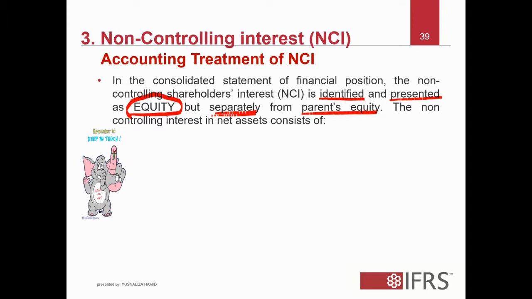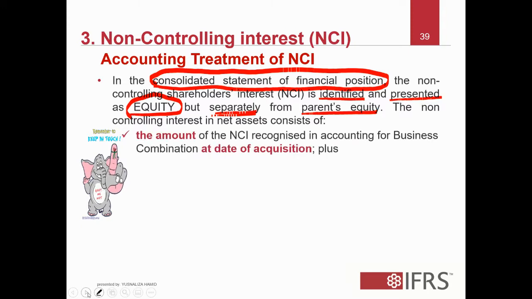So the non-controlling interest in the net assets will be disclosed in the consolidated statement of financial position, meaning that this will only arise if there is a consolidation. When the parent has already acquired control, they also need to disclose the interest of the non-controlling shareholders.